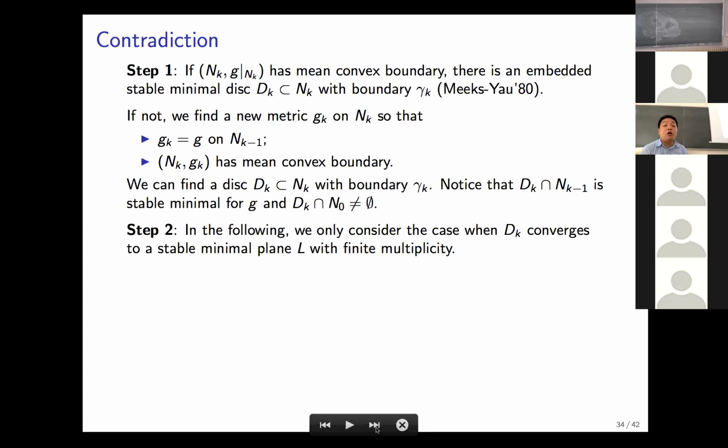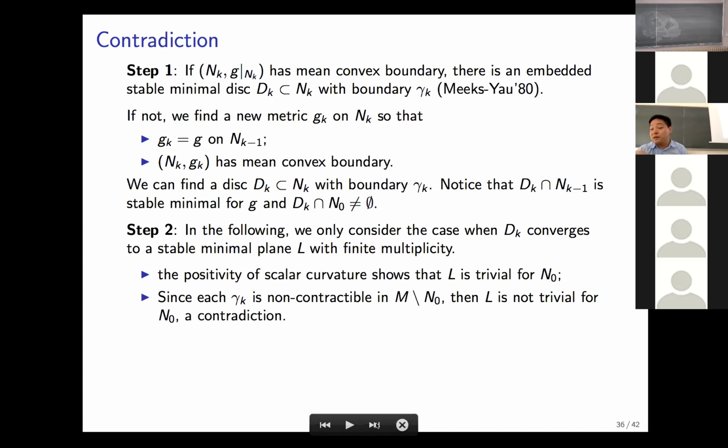Okay. In the following, we only consider the case when DK converges to a stable minimal plane L with finite multiplicity. Because the scalar curvature is positive, we have that L is trivial for N0.